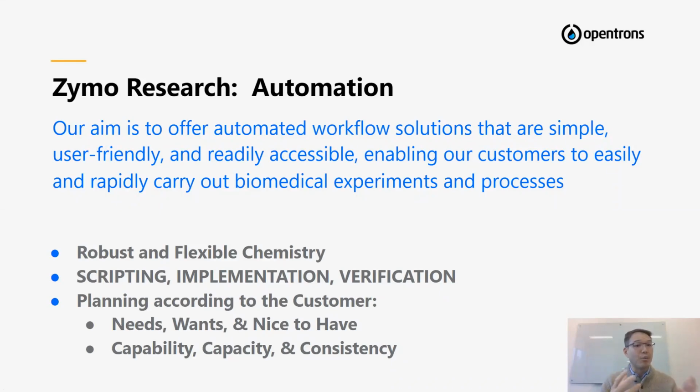Maybe even beyond just having one OT2, maybe they need to have a few OT2s set up. And consistency, meaning that whether day in, day out, you're still getting the same results, the same robust values, and things that you've seen day to day and between user to user.